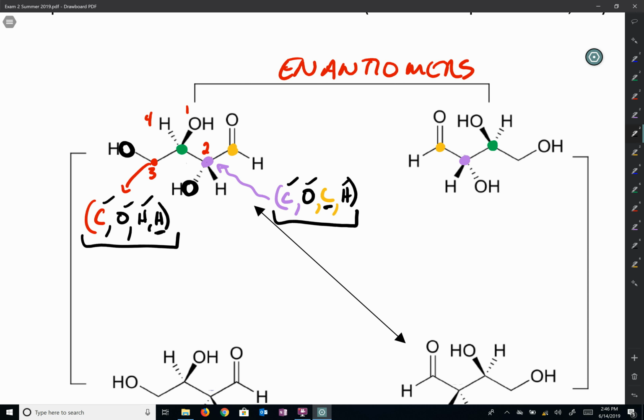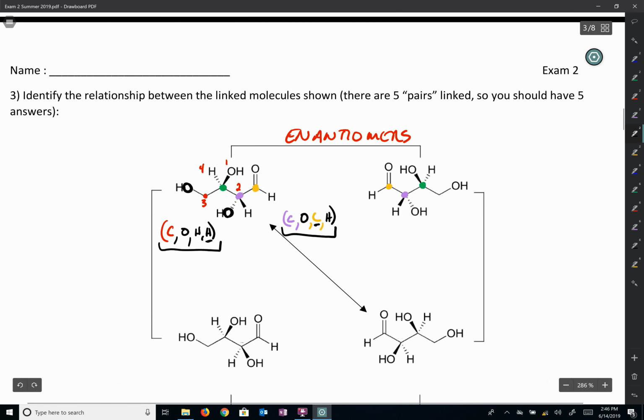So that's how I assign priority 2 versus 3. So I'm just going to try and clean this up a little bit here. Okay, let me zoom back out. So there's my priority. I have my 4 facing away from me already, so this is clockwise. So this is R, okay?